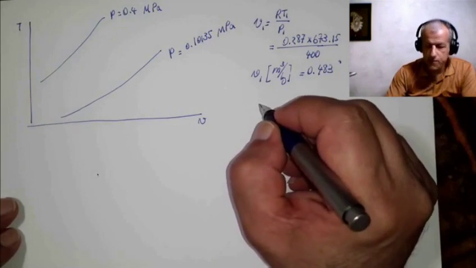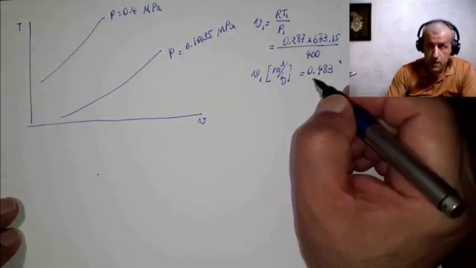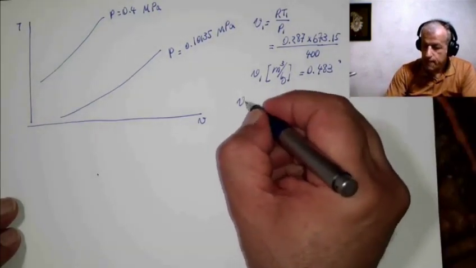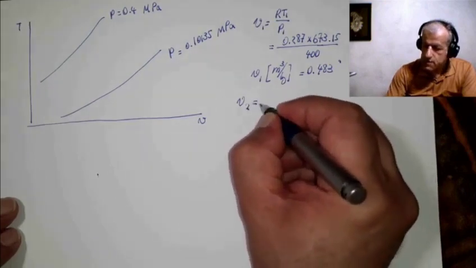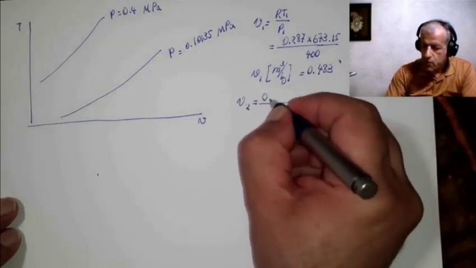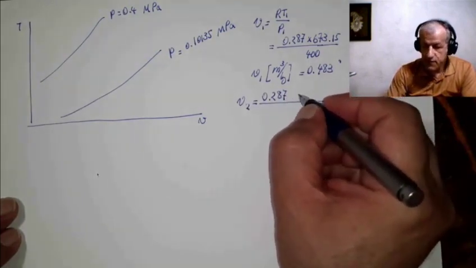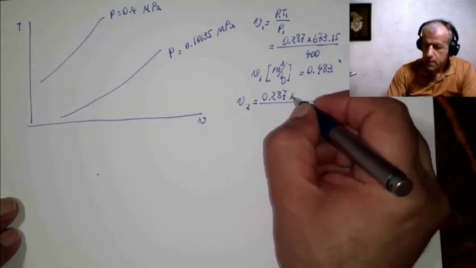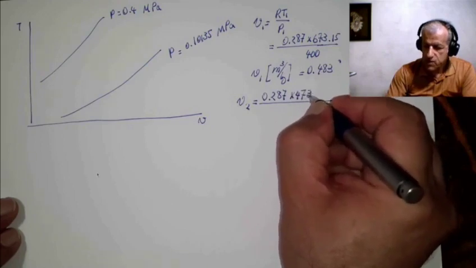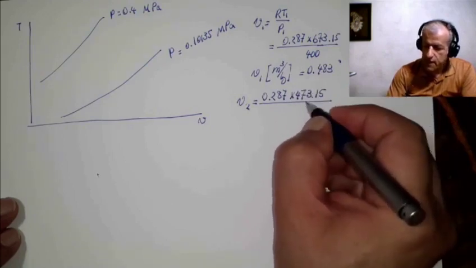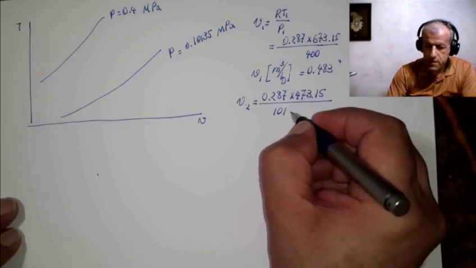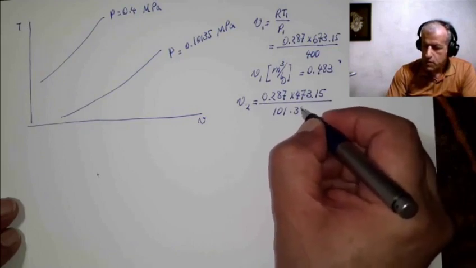That's the dimension. We could also calculate V2. V2 equals 0.287, which is the gas constant for air, times 473.15 divided by 101.35.